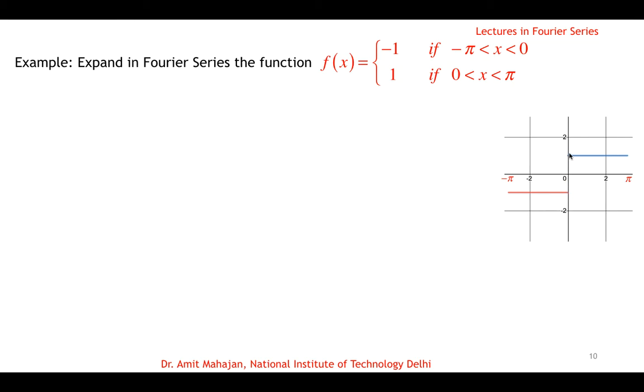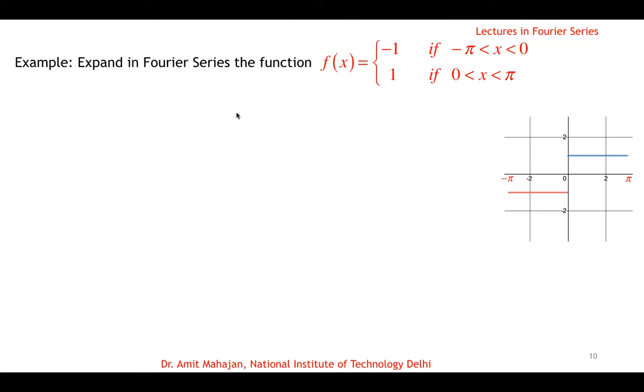There is only one jump, and the function has a finite number of minima and maxima. There are infinite points of minima, but the minimum value is only one, and there are infinite points of maxima, but the maximum value is only one. So we can find the Fourier series expansion of this function.